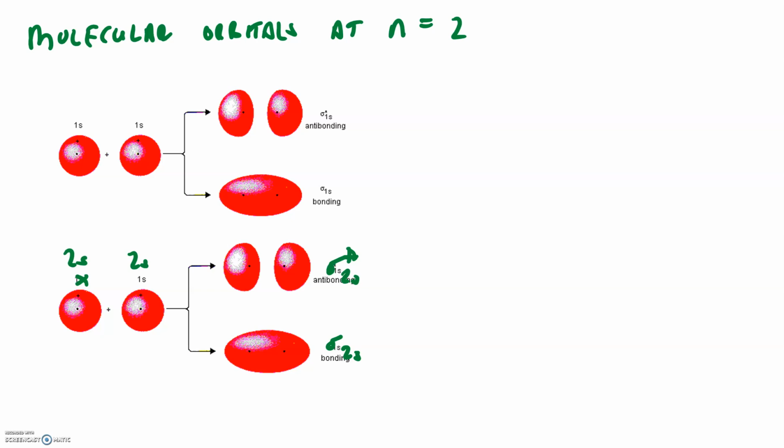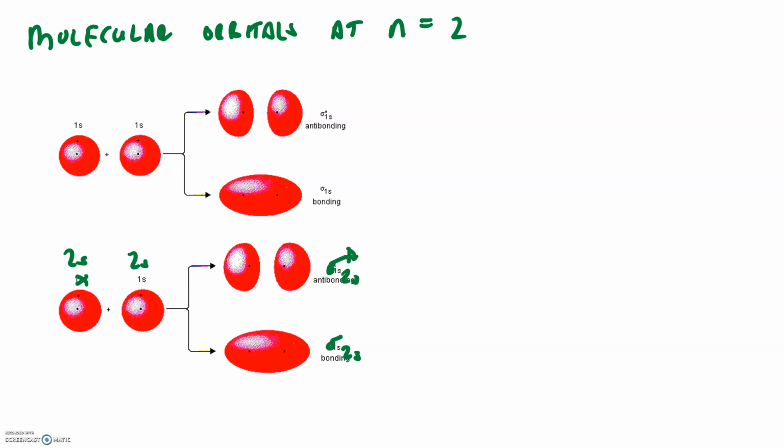But what about the p orbitals? And that's where things get a little weird, because p orbitals can form bonding and anti-bonding orbitals too, and those are the orbitals that are involved in making pi bonds. So let's take a look at what's going on with p orbitals.